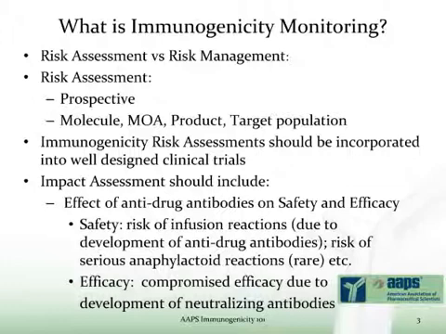Risk assessment is prospectively planned assessment based on the molecule, the type of the molecule, what is the mechanism of action of that molecule, is it a redundant protein with an endogenous important functionality versus is it a non-redundant protein with an important function, is it a product-related feature that is going to influence immunogenicity, as well as finally the target population. All of these factors influence risk of immunogenicity.